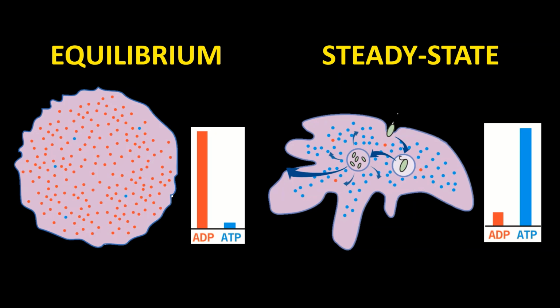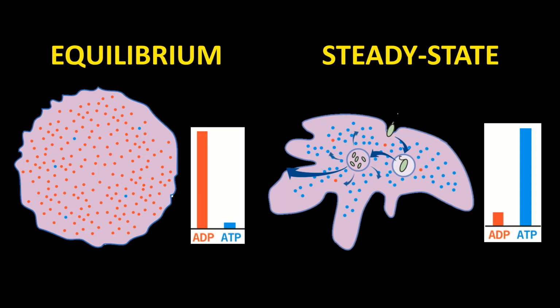Notice here that the amount of ADP is so high and the amount of ATP is so little. The reaction of ATP becoming ADP has reached equilibrium here. There is no more reaction and the cell is dead. You would never want your cells to be in equilibrium, guys.